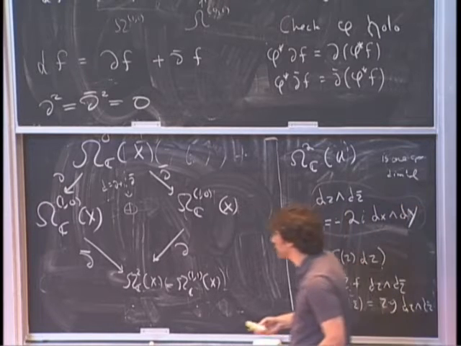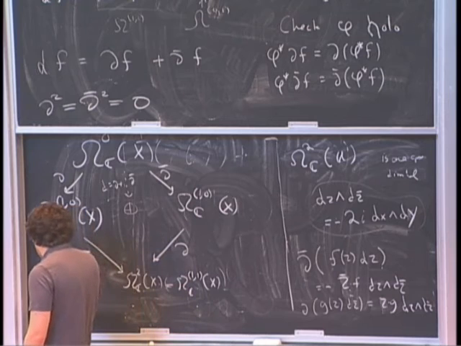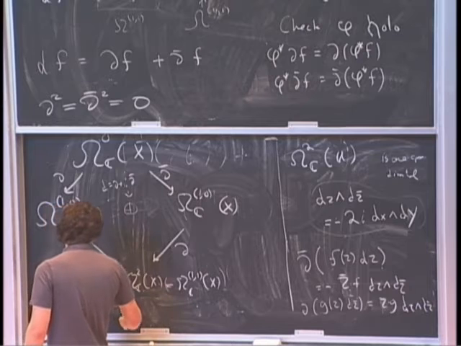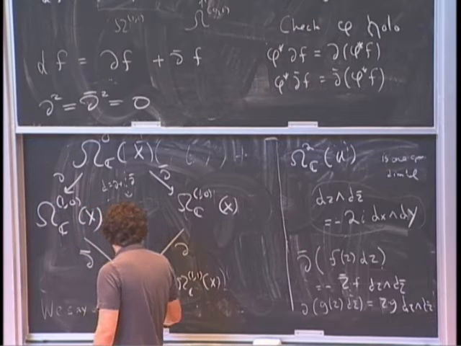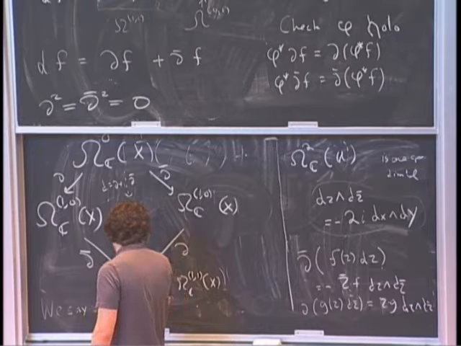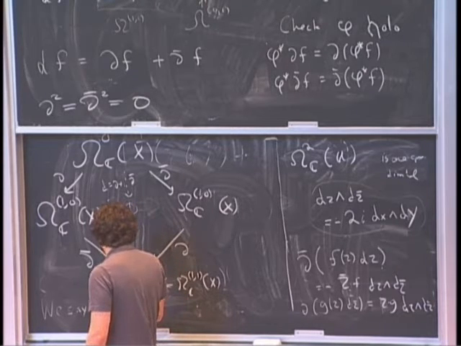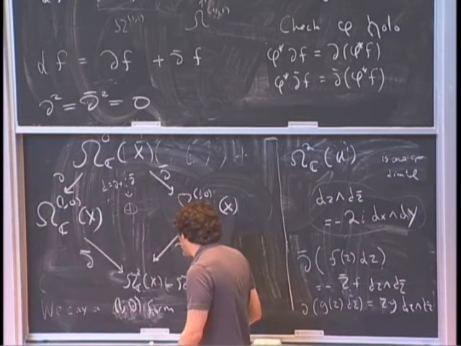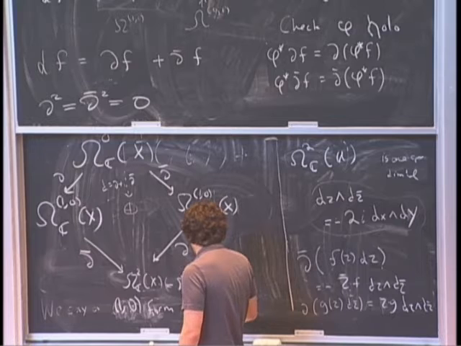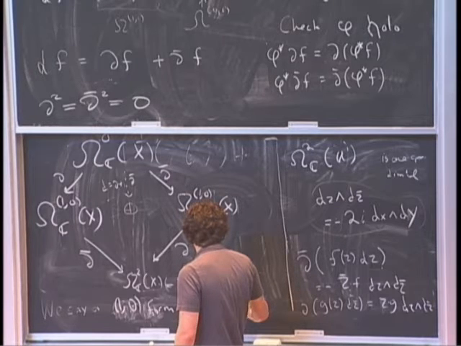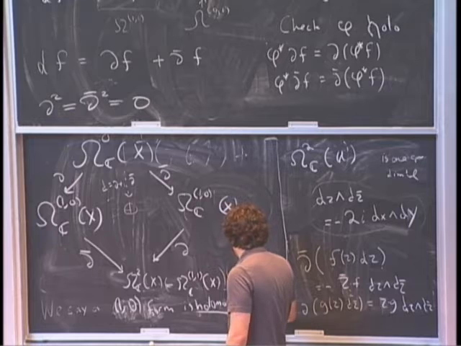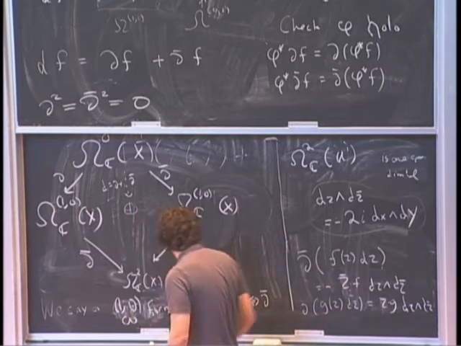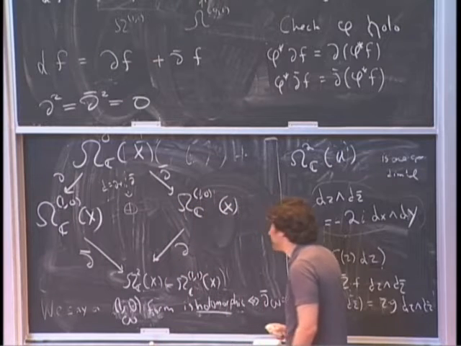So we can make a definition now of a holomorphic one form. So we say a 1,0 form, in other words, an element of this guy, is holomorphic if and only if, let's call it omega, del bar of omega is equal to 0.